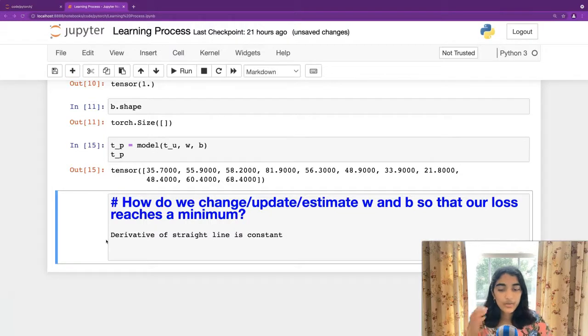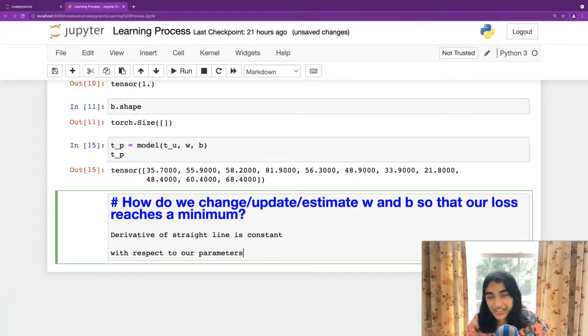So what do we need to minimize our loss function with respect to? It's going to be with respect to our parameters.